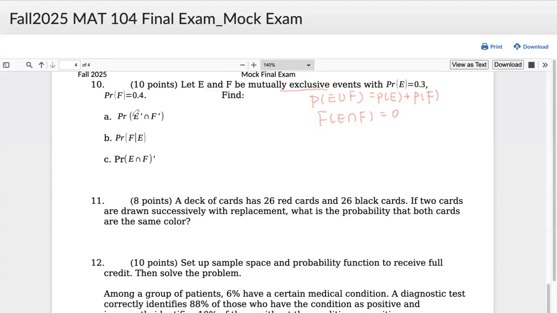So let's calculate the first one. By De Morgan's law, that's the probability of (E union F) complement.